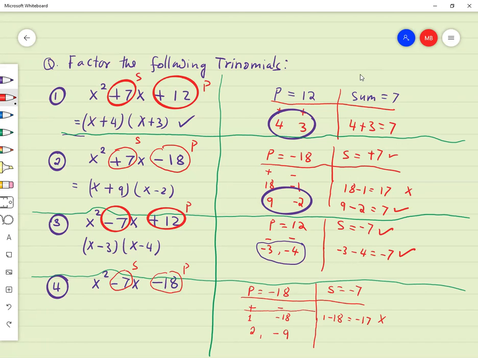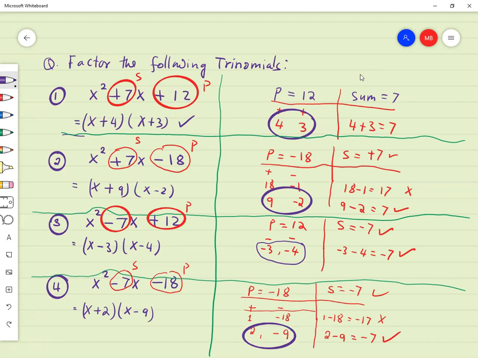Their product is negative 18, and their sum is negative 7. We got the match. That means our numbers are 2 and negative 9. So we factor this into two binomials: x plus 2 and x minus 9.